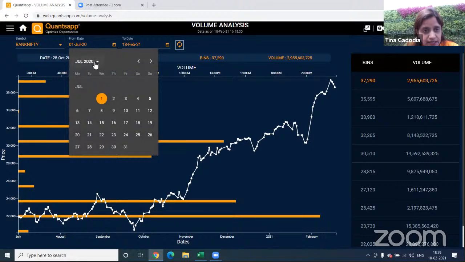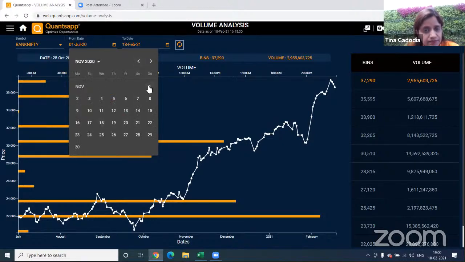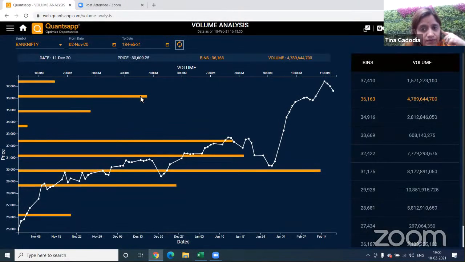And if we say from November, you have 36,000 as an important support. So if it reaches this 36,000, the next level is directly 32,400.